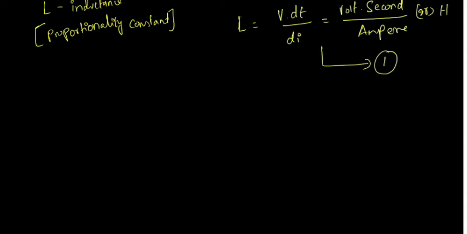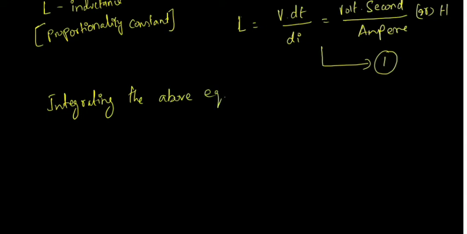If they ask you what is 1 Henry, you should tell them that the inductor induces a voltage of 1 volt when there is a uniform variation of current at the rate of 1 ampere per second. You have to fill it up.